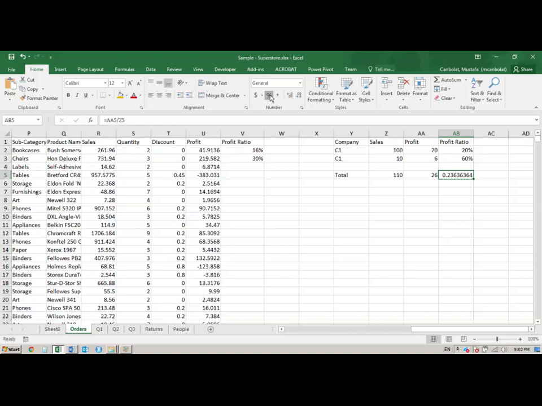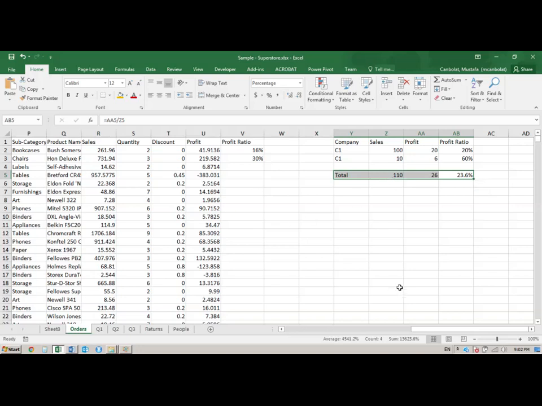So it is actually 23.6%, not 40%. And this amount is the aggregated profit ratio. It's an aggregated value, and we have to be very careful how we pose this.